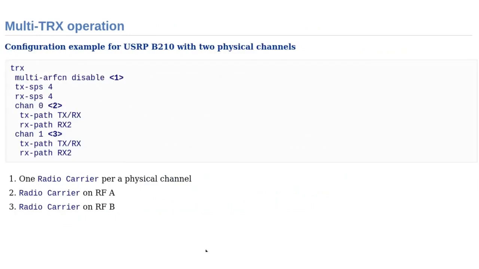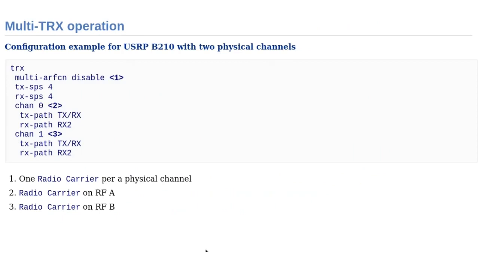In case you want to give it a try with the first mode of operation, where you have 2 independent physical channels, you basically disable the multi-ARFCN mode and just configure 2 channels in the configuration, and that's it.